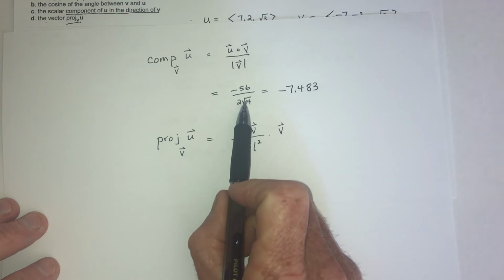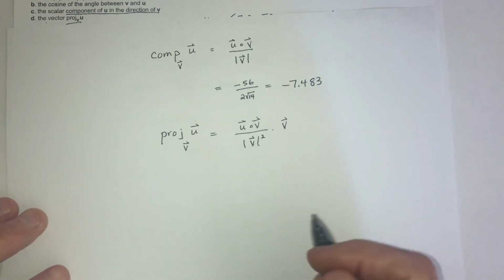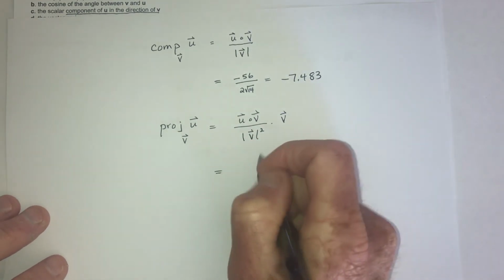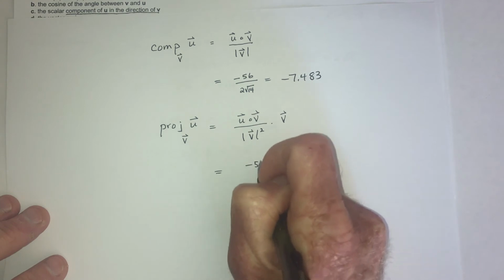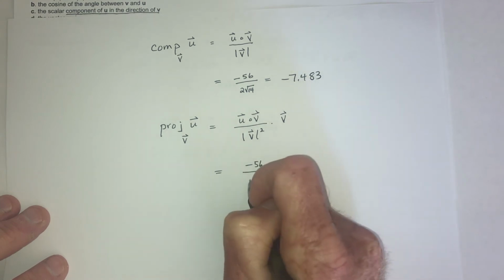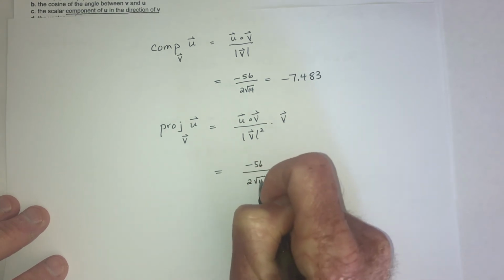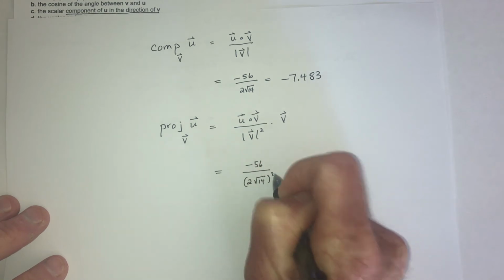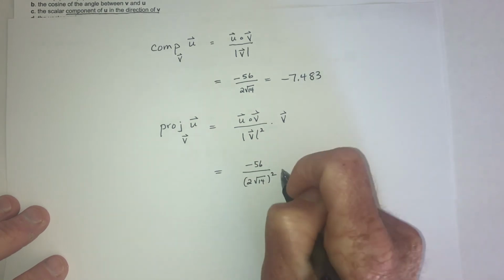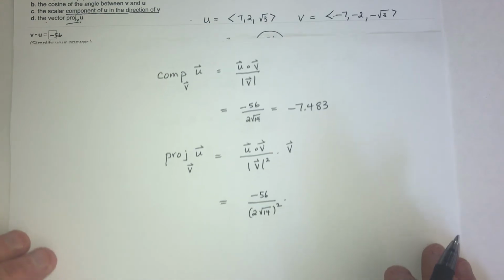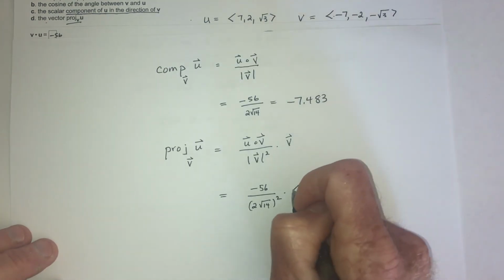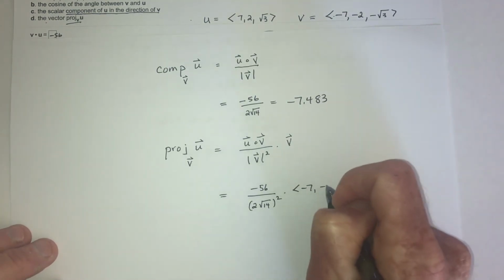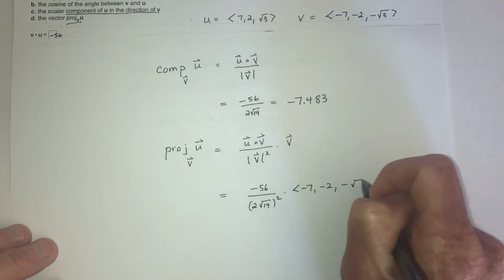I just need to square this and then also put the v vector. So that would be negative 56 for the dot product, and then 2 radical 14 gets squared for that square, and then vector v, which is negative 7, negative 2, negative radical 3.